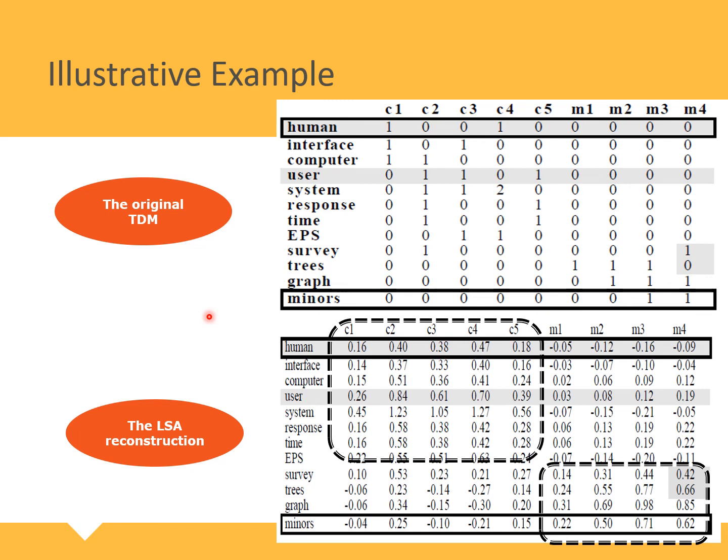Now, one parting note I would leave you with is that it's not guaranteed that if you do LSA with any choice of the number of singular values, you will get this kind of nice interpretation. It actually depends on the right choice of the number of singular values, or the right choice of the dimension you want to work with.